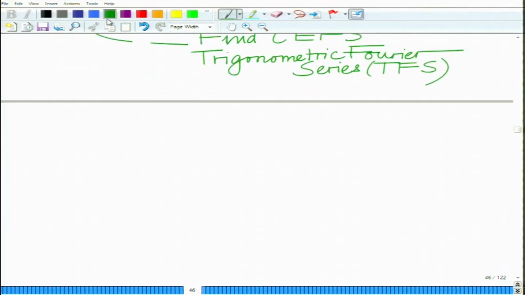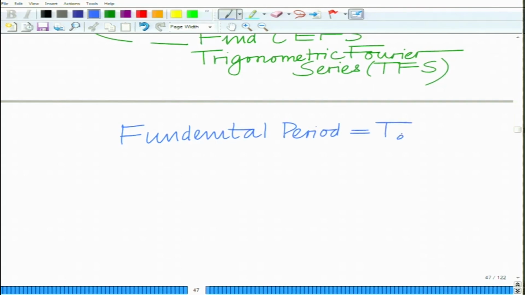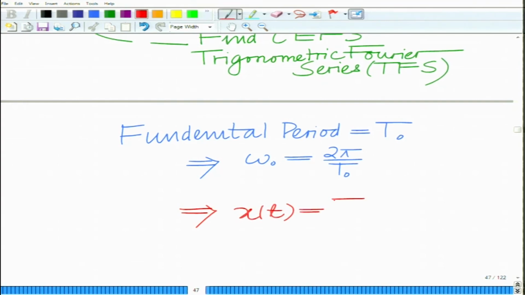And this can be done as follows. Now, first observe that the fundamental period equals T naught, which implies omega naught equals 2 pi over T naught, and this implies that x(t) equals, I can write the CFS as, x(t) equals summation k equals minus infinity to infinity Ck e raised to j k omega naught t.